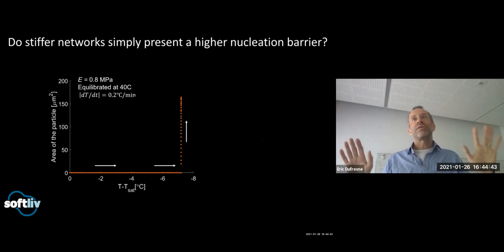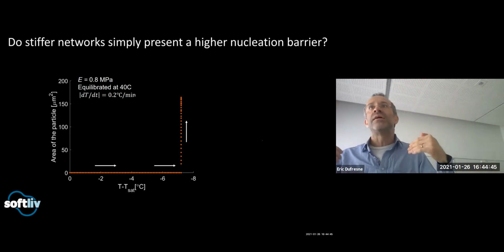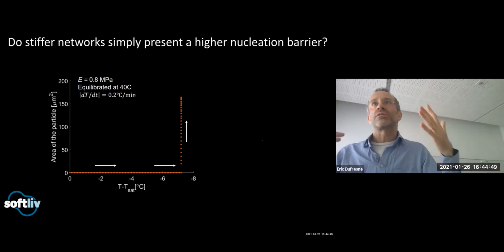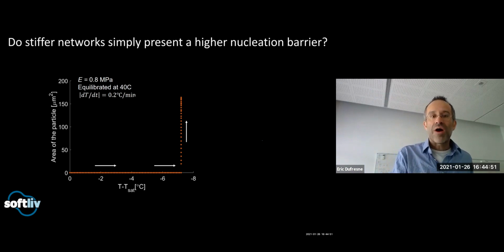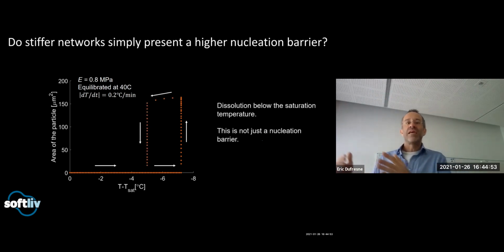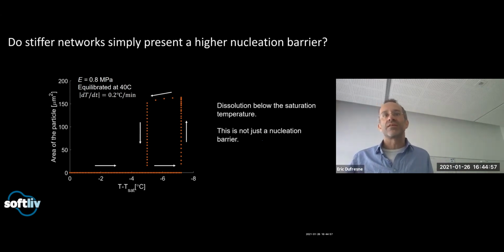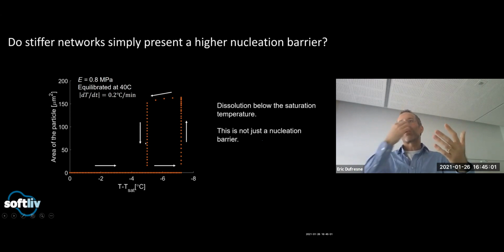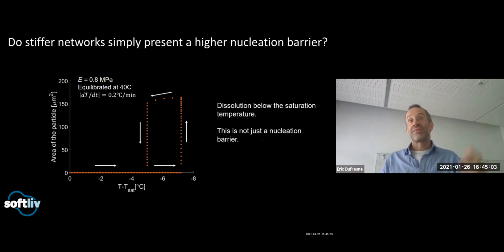Okay, what I've shown you so far is completely consistent with having a strong barrier to nucleation. However, the really cool thing happens when she just heated the sample up by 2 degrees Celsius, still well below the temperature where things were saturated, and the droplets all dissolved.